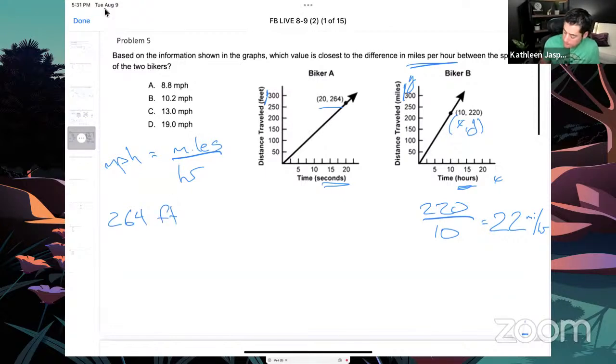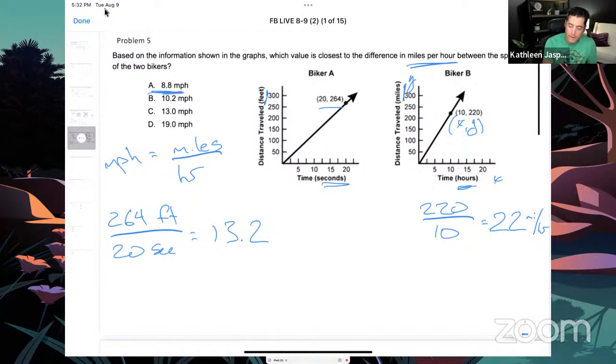Well, let's do this first: 264 divided by 20, and this is seconds. And what I get is 13.2. Now, I bet if I did 22 minus 13.2, I get 8.8.